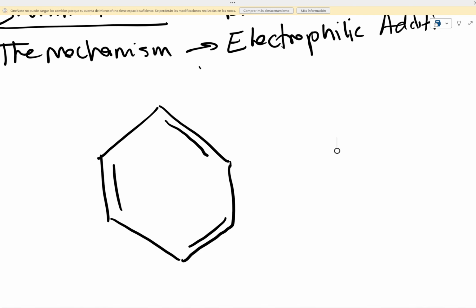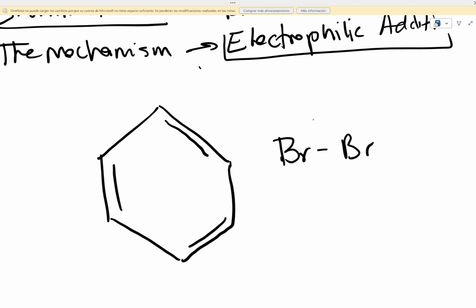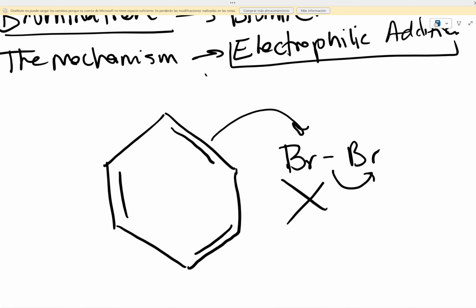So even though benzene is unsaturated, and it happens through electrophilic addition, it doesn't just go through electrophilic addition like that. You can't have that, right? We must be able to create a strong electrophile. This is because of the stability of the benzene ring.